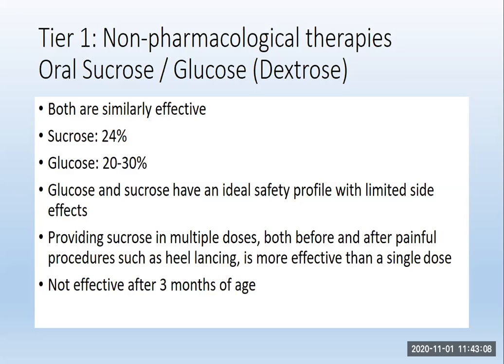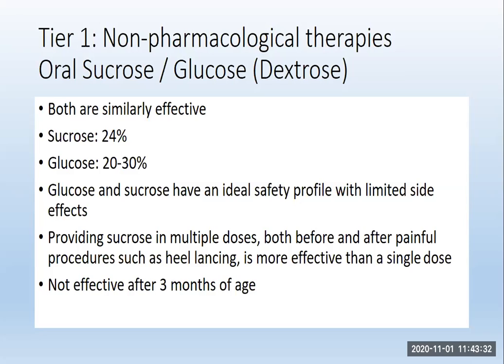So you should not confuse glucose and dextrose. Remember, glucose or sucrose both are similarly effective. So whichever is available in your hospital, you can use it. And you know that 25% dextrose is easily available in most of the centers. You can use it very optimally if you do not have availability of sucrose, which is available in the strength of 24%.